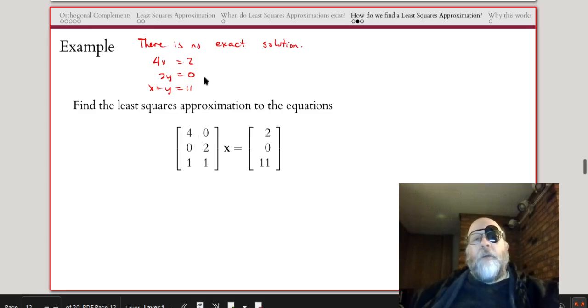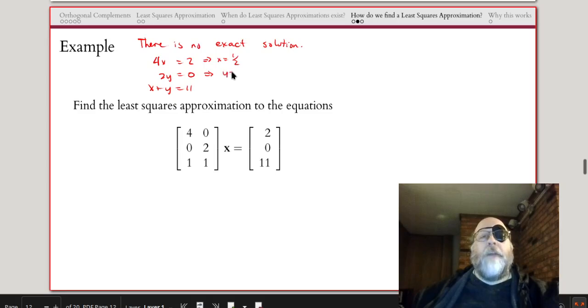But if 4x is equal to 2, that tells me x is equal to 1/2. And if 2y is equal to 0, that tells me that y is equal to 0. But then x plus y definitely doesn't equal 11. Uh-oh. And since we don't have an exact solution, we're going to find the least squares approximation instead. What vector is closer to being the solution produces the smallest error out of all the other vectors.